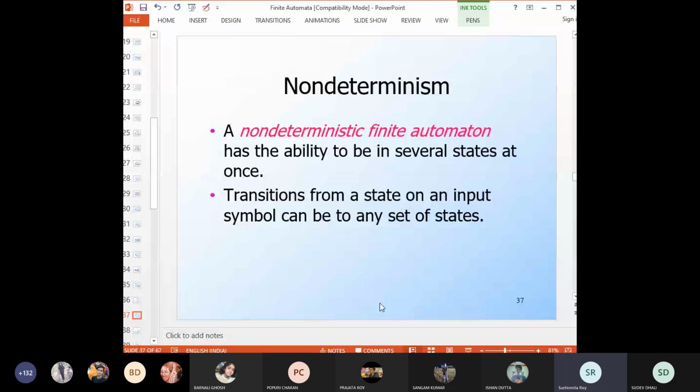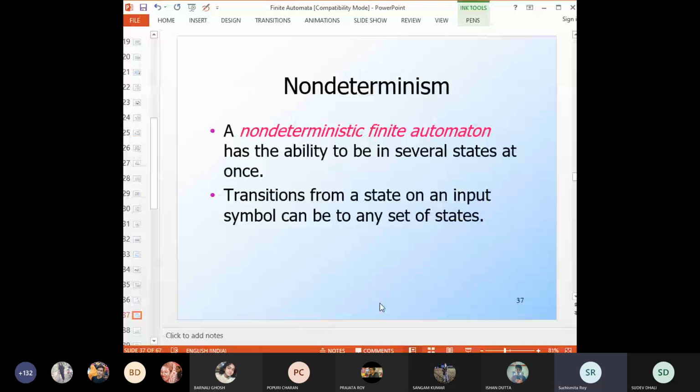So let's move on. I told you that we have been referring to these finite automata as DFA, or deterministic finite automata. What a deterministic finite automata is will become more clear when we discuss what is meant by a non-deterministic finite automata. You can also have finite automata which are non-deterministic. So what does non-determinism mean?